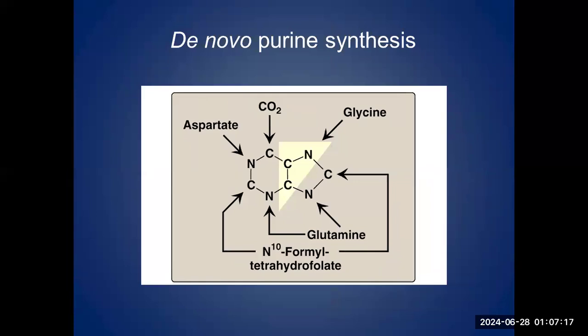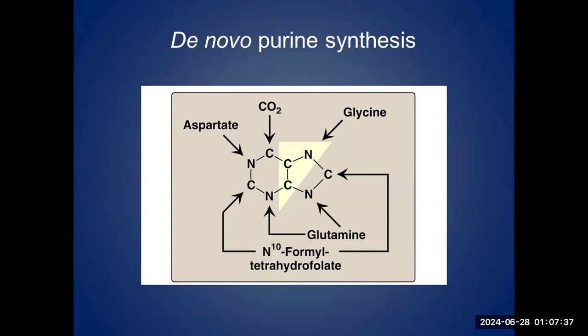So for the purine ring that we have synthesized by the process of de novo synthesis, this slide shows you the atoms present in the purine ring and the contributing molecules.